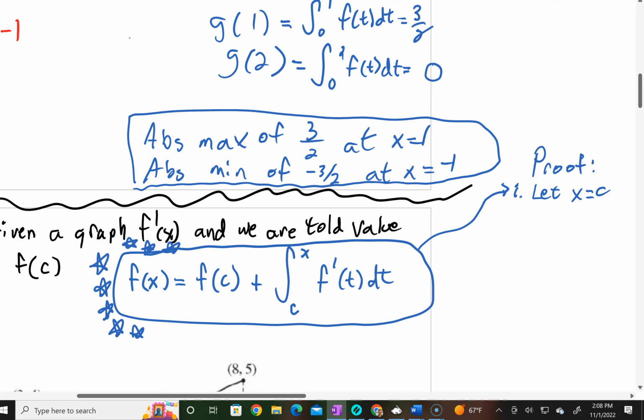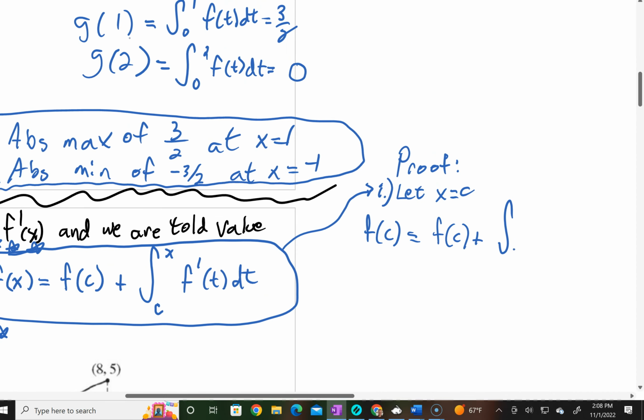So I'll call this part 1. And then you'd say, well, f of c, wow, Mr. Dobner, if you've got that, you're going to say f of c plus the integral from c to c of f prime of t. Wait a minute. What's the integral from c to c? 0.